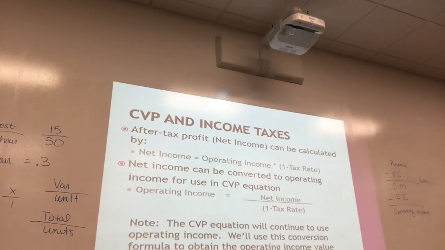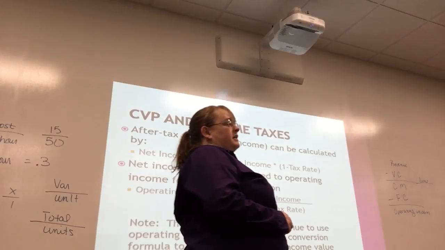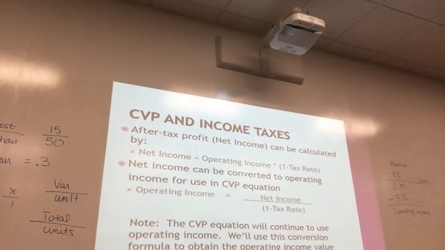Now, one thing that this does not take into consideration is the wonderful thing that we all have to pay, which is taxes. Okay? So when we're talking about the contribution margin, we're not taking into consideration taxes whatsoever.